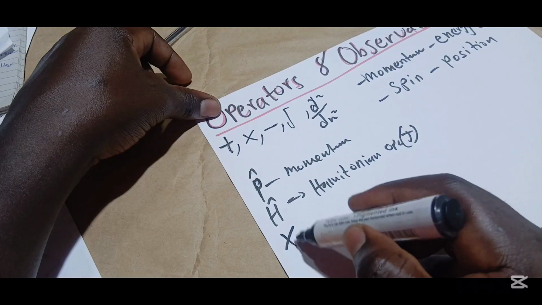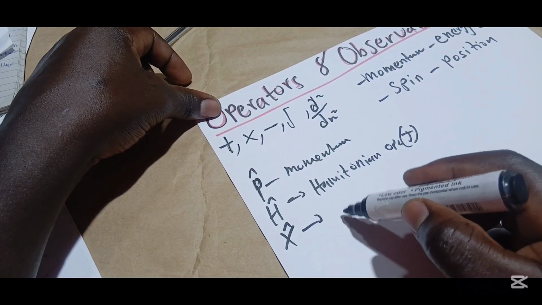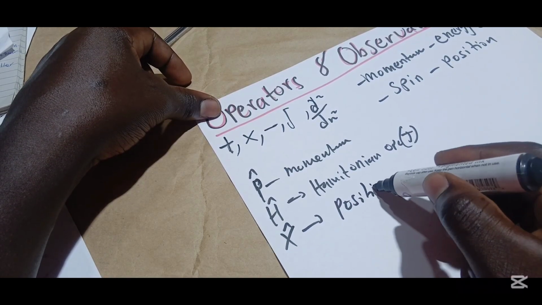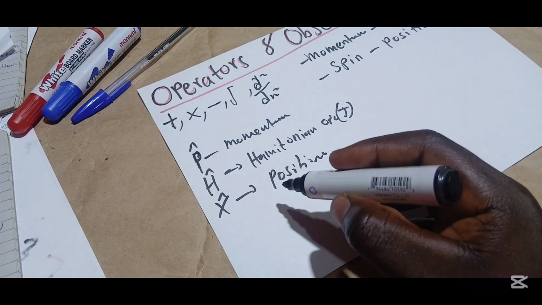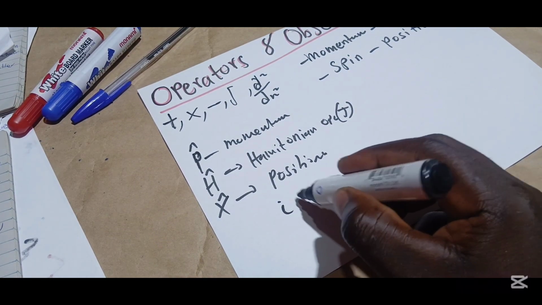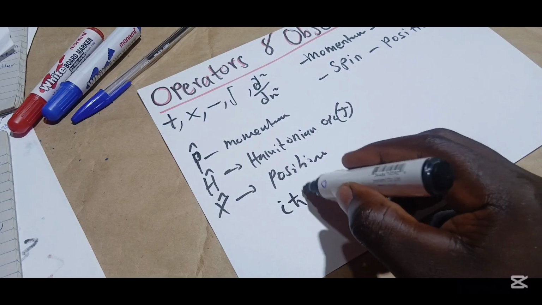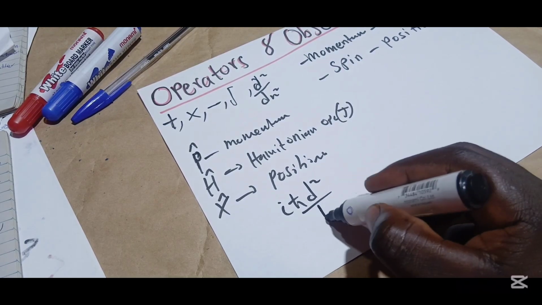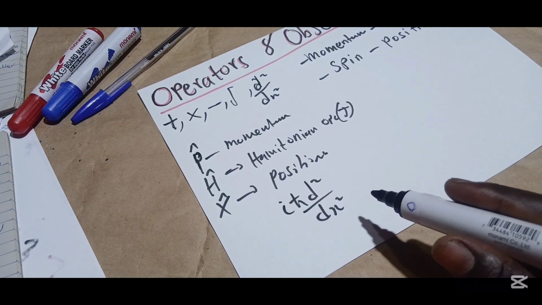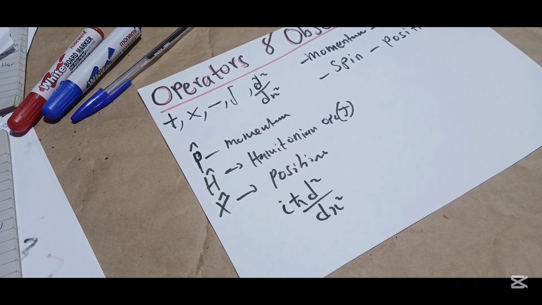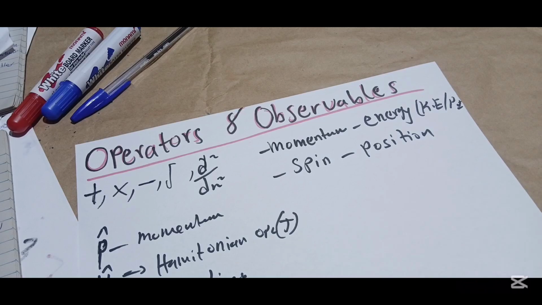And we also have the X cap, which is the position operator. This is also an operator in quantum mechanics. But we will be talking much more about things like this in our subsequent videos. So all you need to know in this video is operators and observables.